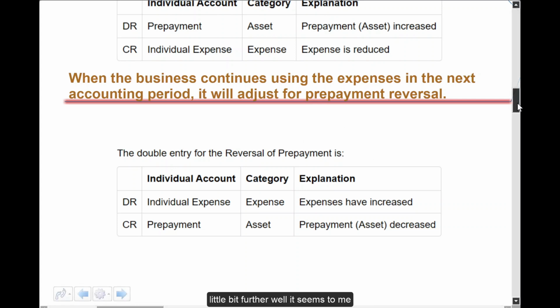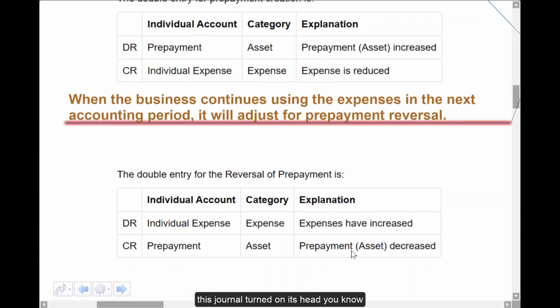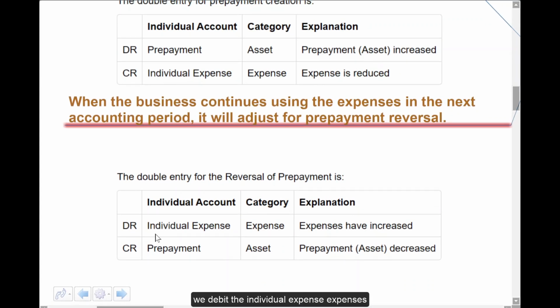Well, it seems to me that the reversal of the payment is just this journal turned on its head. We debit the individual expenses have increased, and we credit the prepayment account, in effect bringing that prepayment expense into the individual profit and loss account.